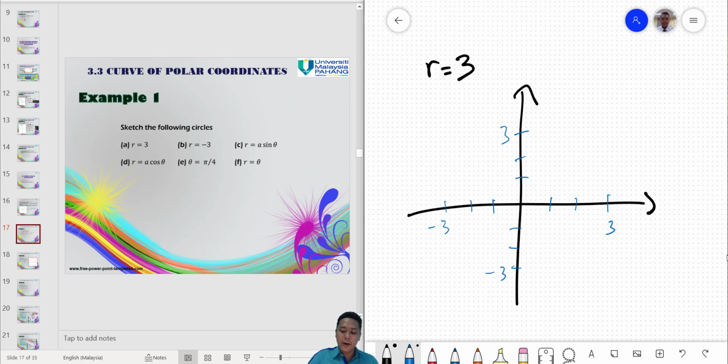Imagine there is a point that will remain at a constant distance of 3 along 0 up until 2 pi.